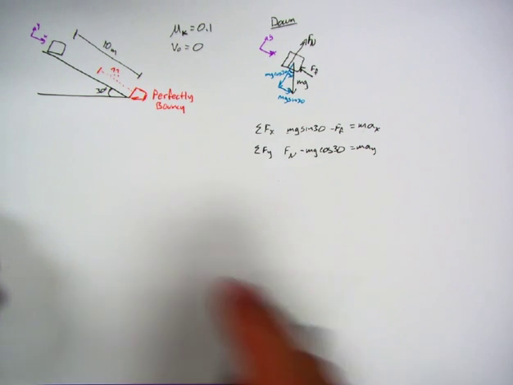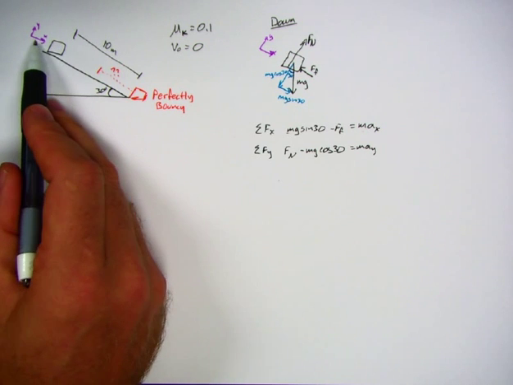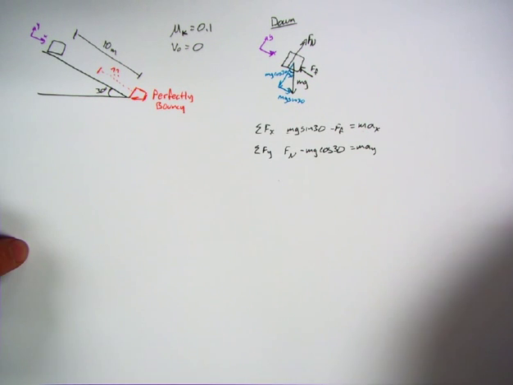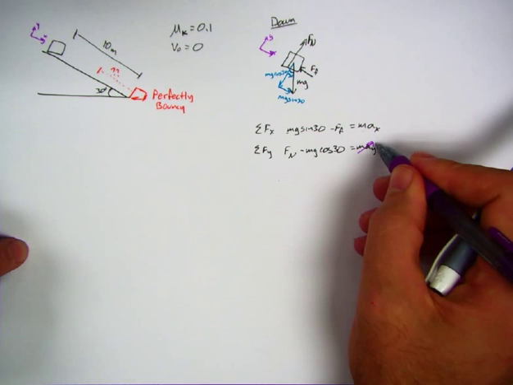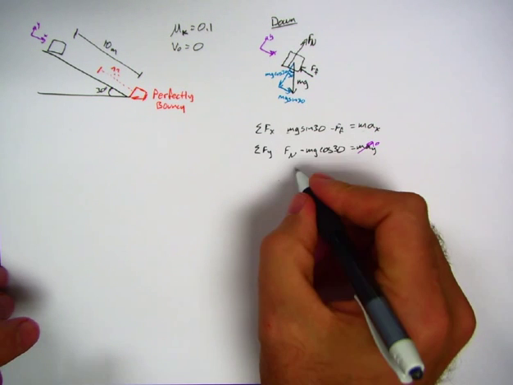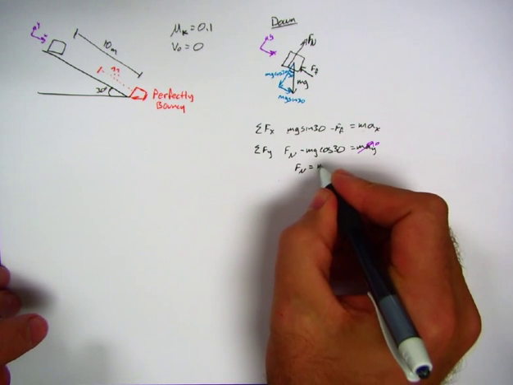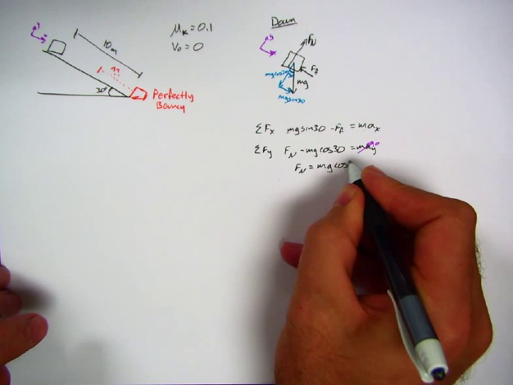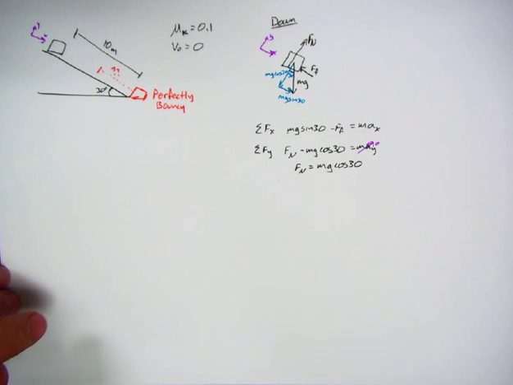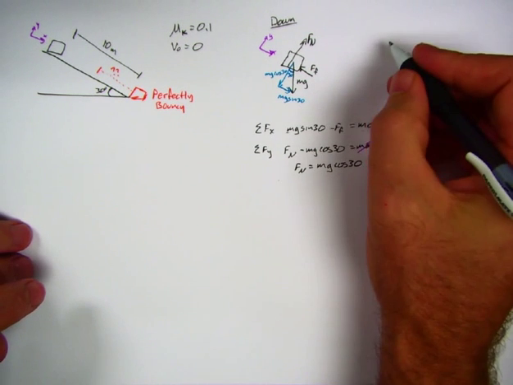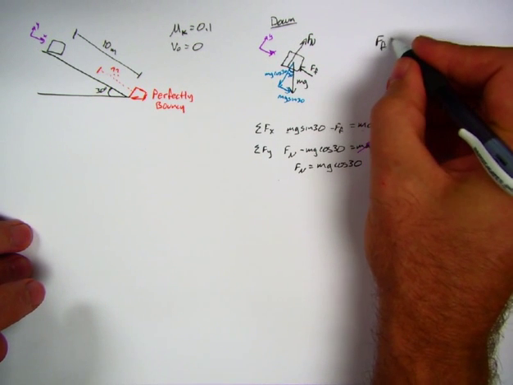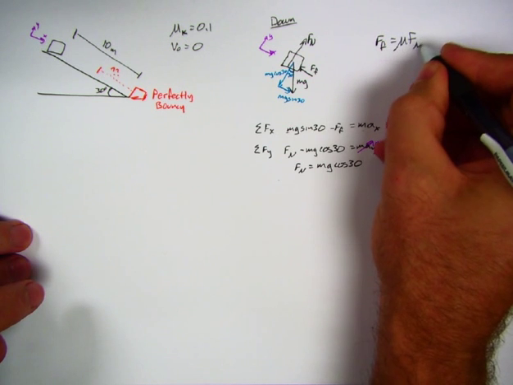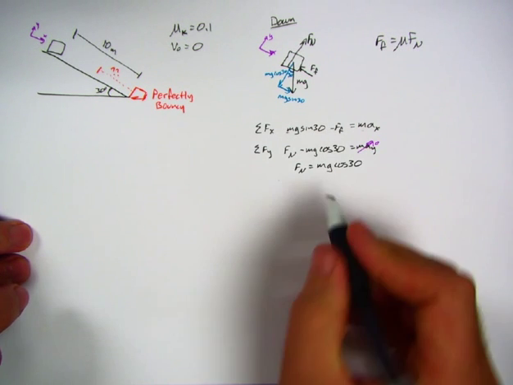Alright, so again, this is sliding. We chose our coordinate system wisely. This is sliding in the x direction only, so my y acceleration is 0, which means that my normal force is equal to mg cosine 30. And since I don't know the mass, that's all I can do right now. I do remember that force of friction is equal to mu F normal, so I can make that substitution.